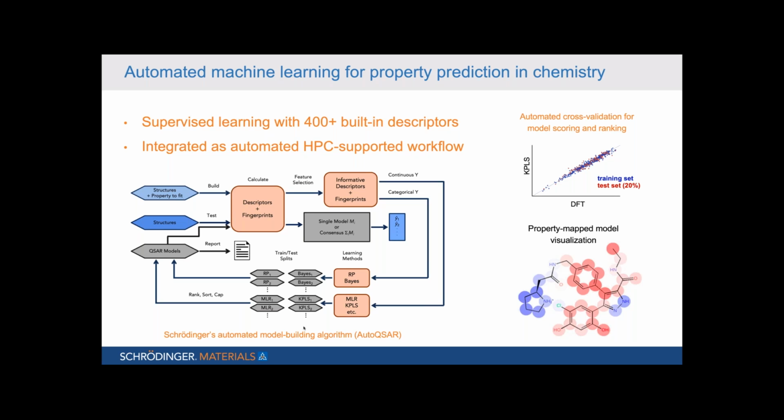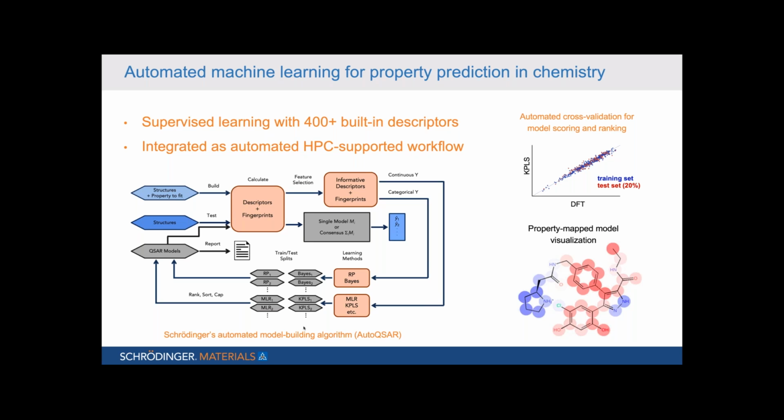So some of the people internally said, well, why don't we just generate all the models possible? There are many different types of molecular descriptors, and an example of an easy descriptor is number of rotatable bonds, number of hydrogen bond donors and acceptors, charge groups, hydrophobicity, or any other property that you might have measured in the lab. We can build tons and tons of models. We can score the models, and then we can tell you how well they behave.